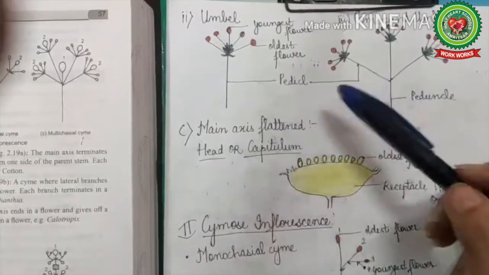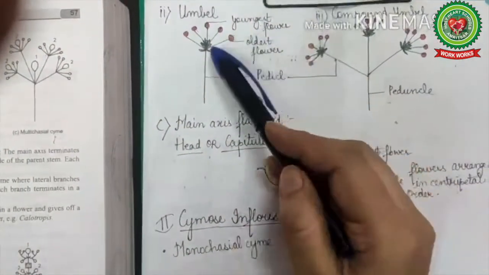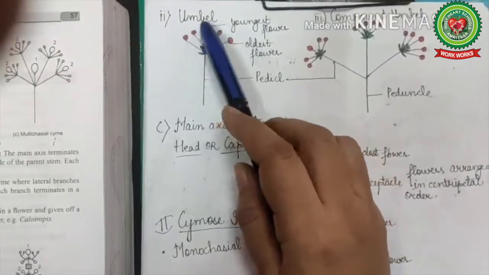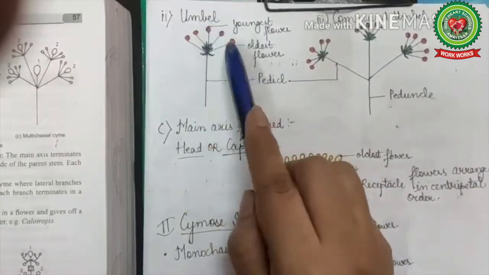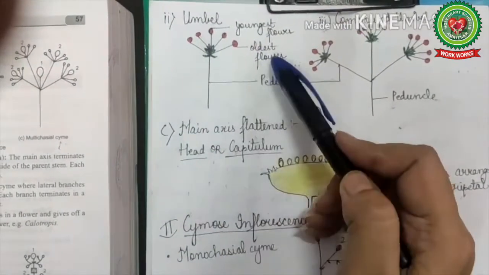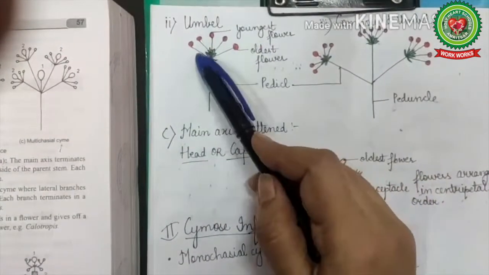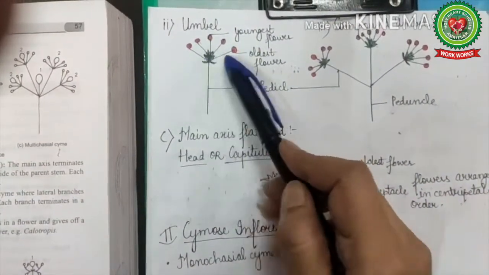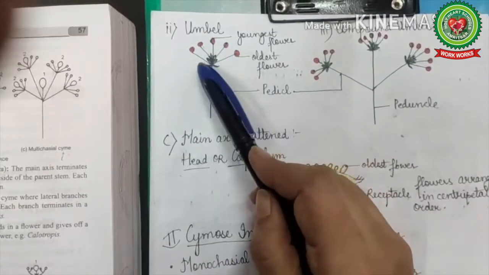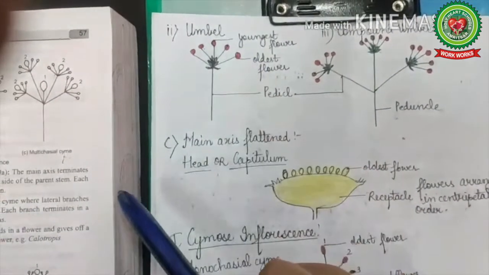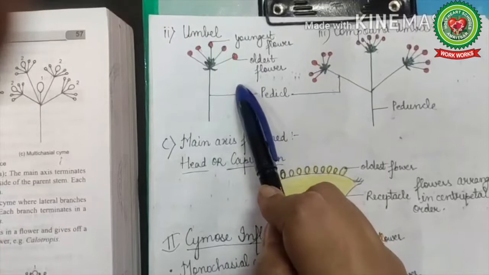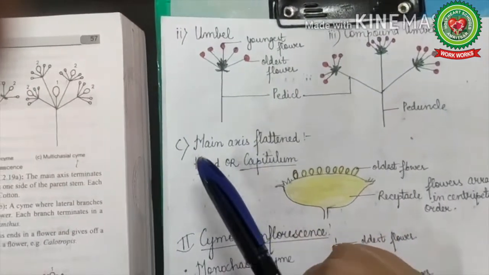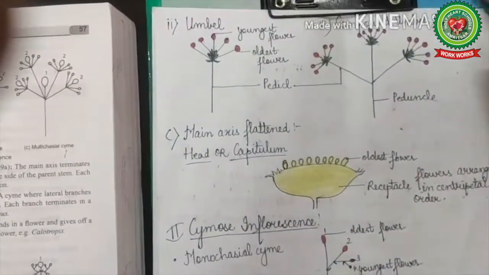The flowers have stalks which are of equal length. The flowers are borne at the same level, and again the oldest flower is near the base, as it is racemose, and it is acropetal succession. Example of umbel is Indian pennywort. Now the other one is compound umbel.